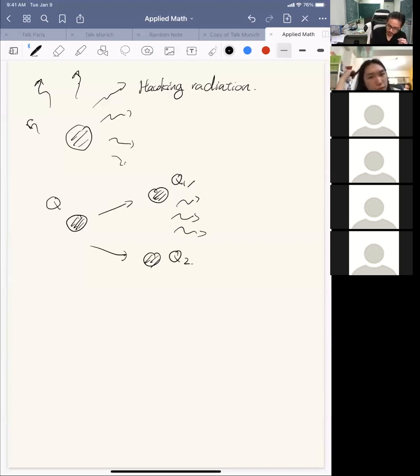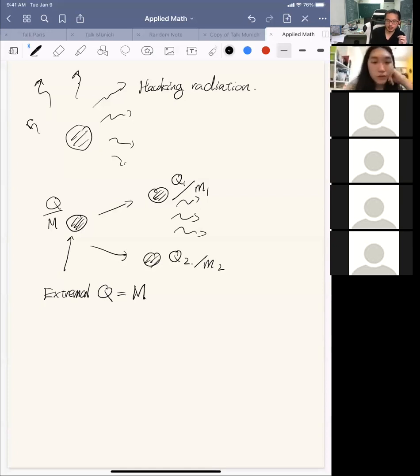Good, so let's think about this. So this will have Q, M, and then Q1, M1 and Q2, M2. Okay, so let's assume that the original black hole is extremal, which means that big Q is equal to M. Okay, so this is just a simple inequality. What is the inequality? You know that for the decay process to happen, you must have that Q, because Q is a charge, it must be conserved.